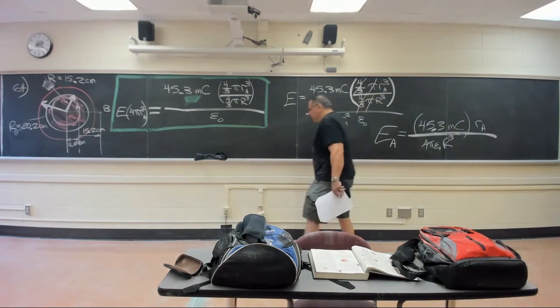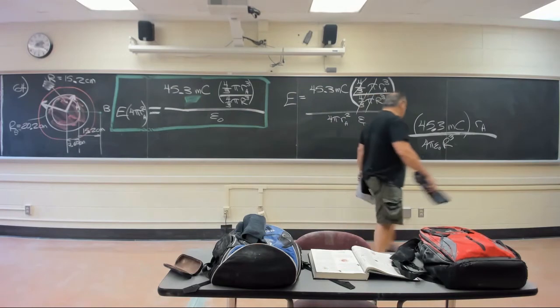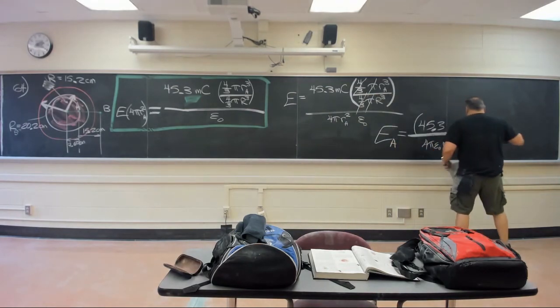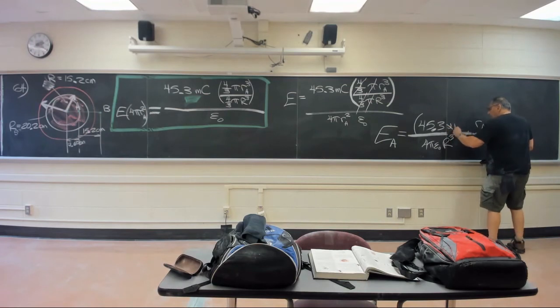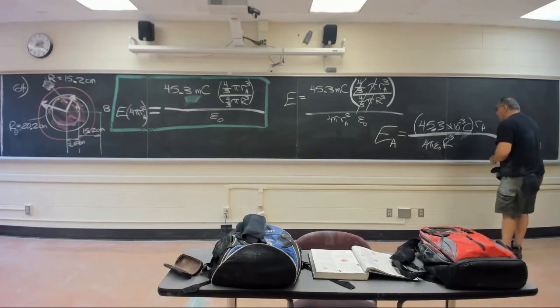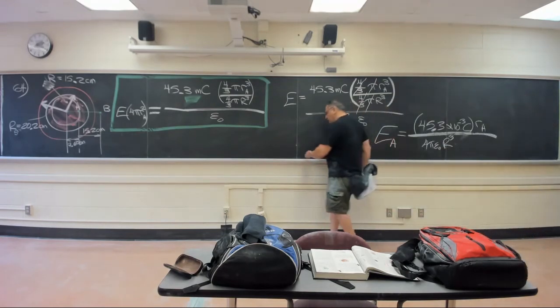What does that mean? 45.3 millicoulombs is 45.3 times 10 to the negative 3 coulombs. It's a lot of ways to go.